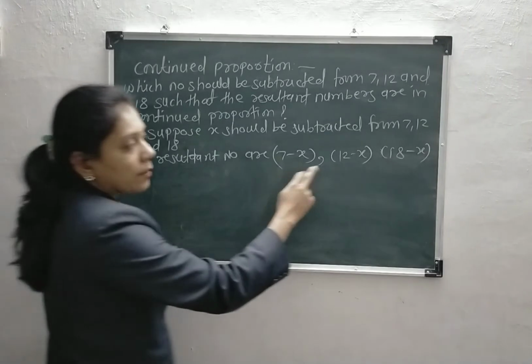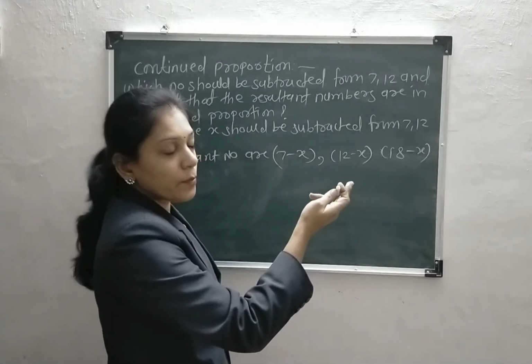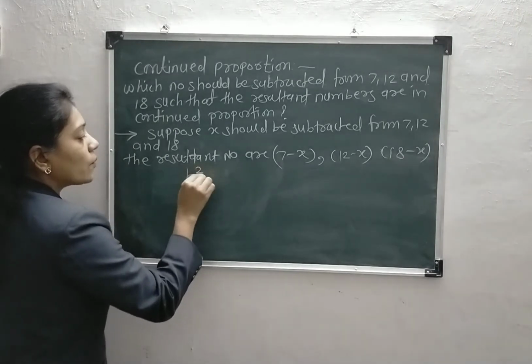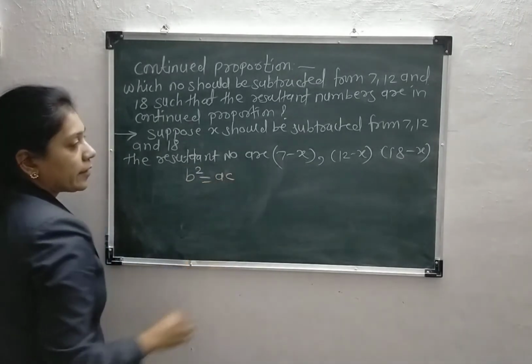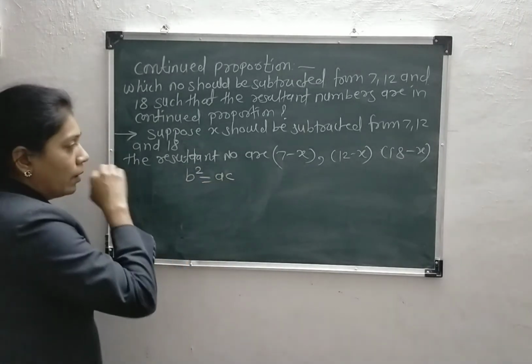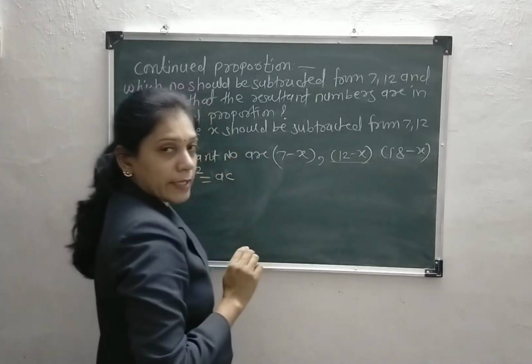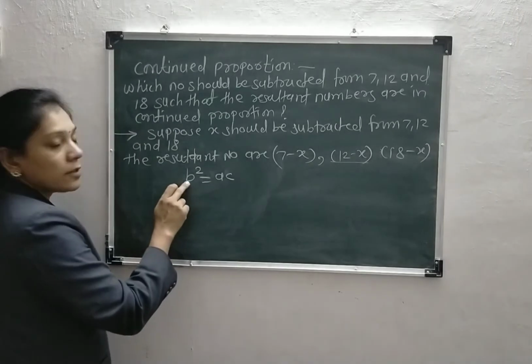So write these numbers in continued proportion, meaning geometric mean: B square is equal to AC. Here 12 minus x is the geometric mean, means B.